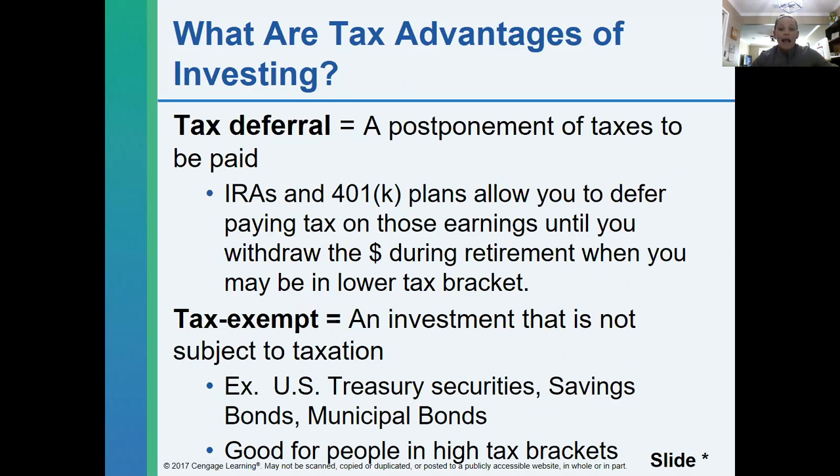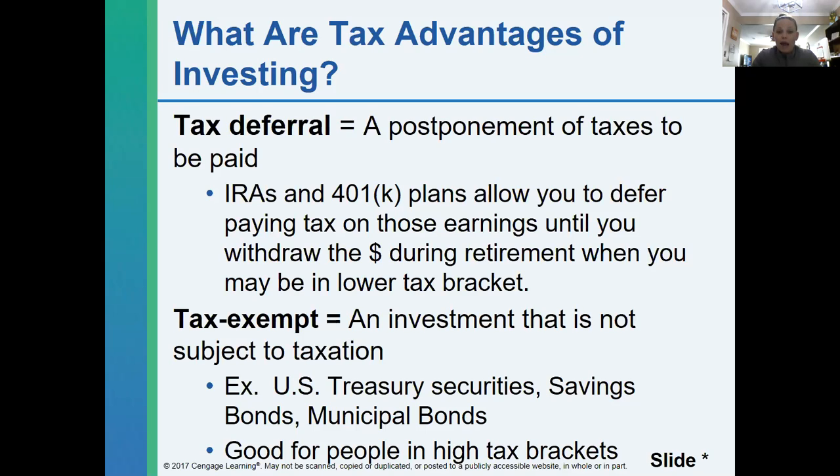And then tax advantages of investing. A tax deferral, which we talked about back in maybe chapter 3 when we talked about taxes, is a postponement of taxes to be paid. For example, IRAs and 401ks are plans that allow you to defer paying taxes on those earnings until you withdraw the money during retirement. You don't pay taxes when you put money into those.